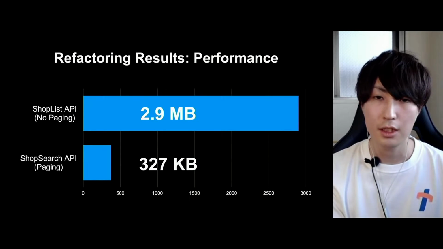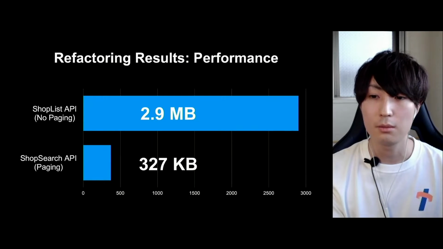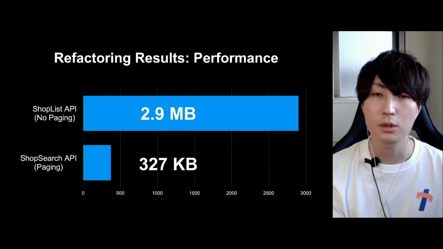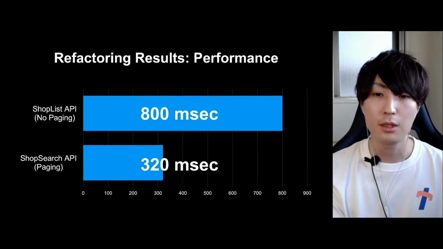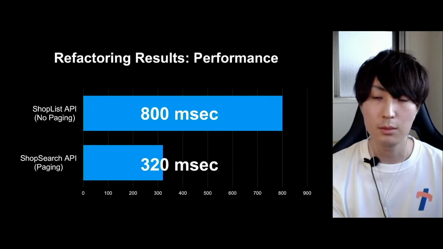Since the paging enabled a maximum of 100 items per page, the amount of data required for initial display was reduced from 2.99 megabytes to 327 kilobytes. And similarly, there was improvement in response time from 800 milliseconds to approximately 320 milliseconds.